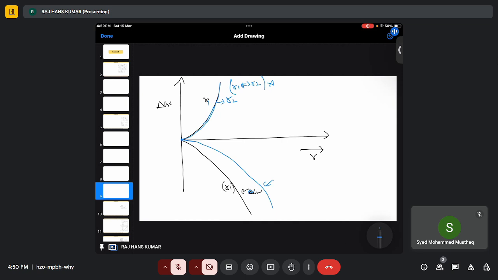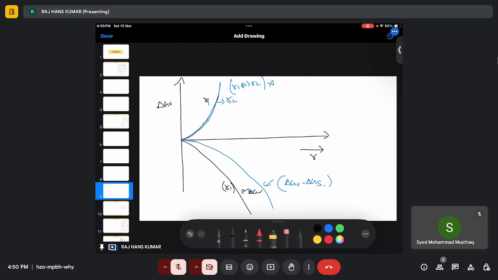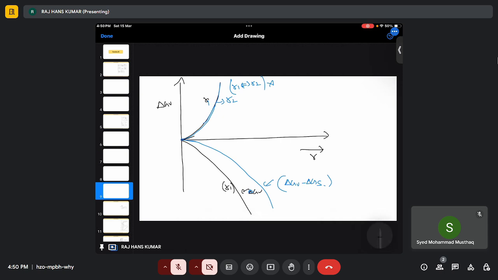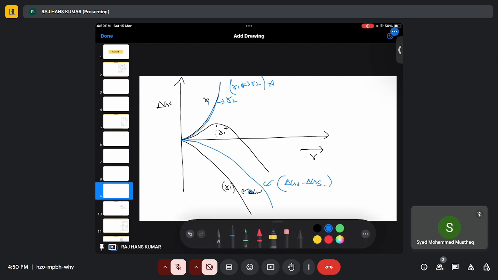That means this is delta GV minus delta GS, the strain energy accommodation. And because of that, our R star, or R1 star. Now what about for R2 star?